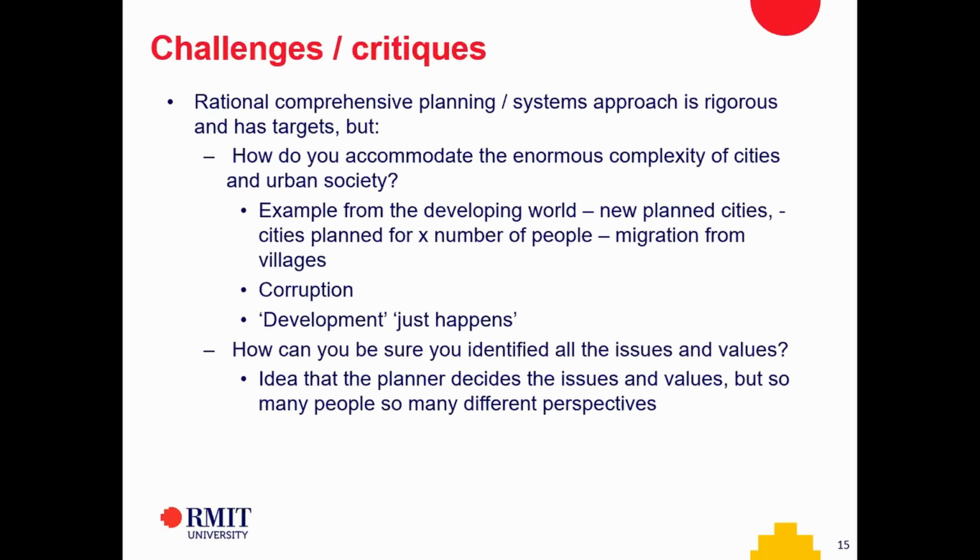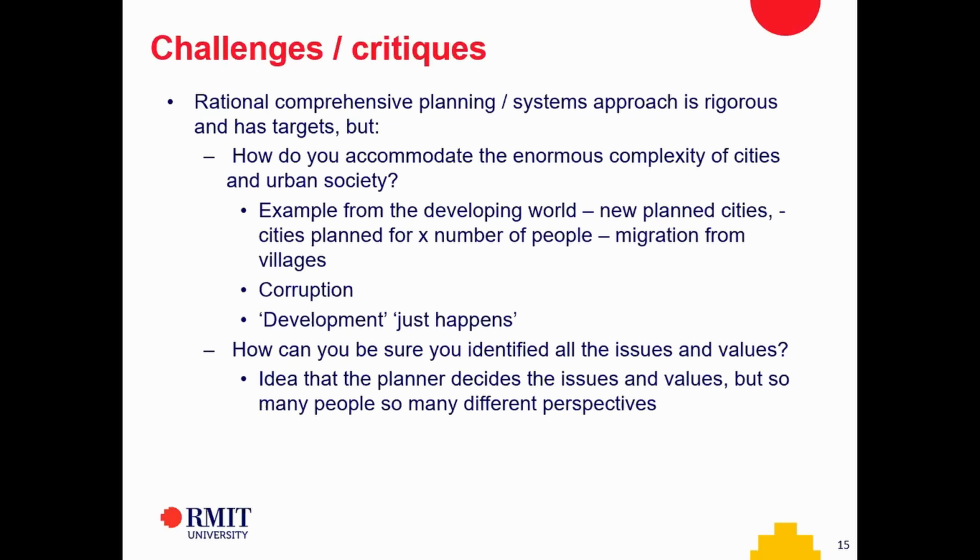And the final criticism again relates to the complexity of people. How can you be sure that you've identified all the issues and values? Well, the notion was that it was the planner. The planner decides the issues and values, and this had a somewhat authoritarian characteristic about it. I mean, the planner knows best.